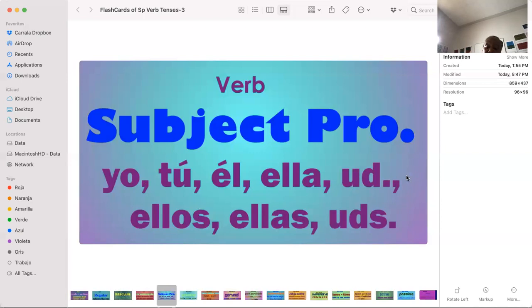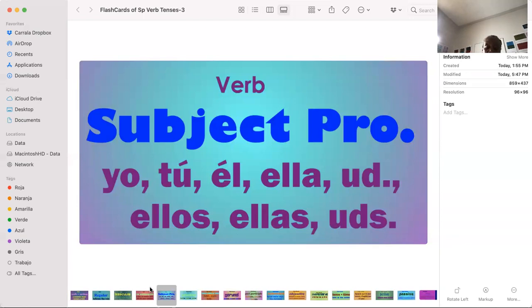Imagine nosotros here, which is we, N-O-S-O-T-R-O-S, nosotros, right? Okay. Now, instead of it being like the ER verb, comemos, it's vivimos. It ends in imos, not emos. That's the only difference. Then viven, viven, viven.